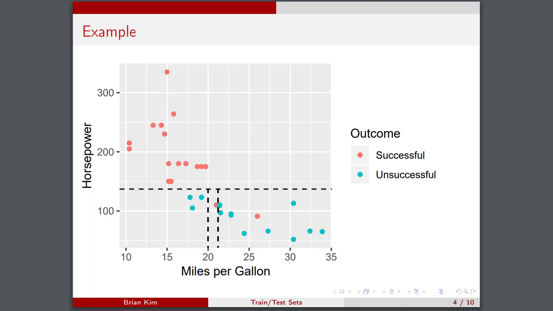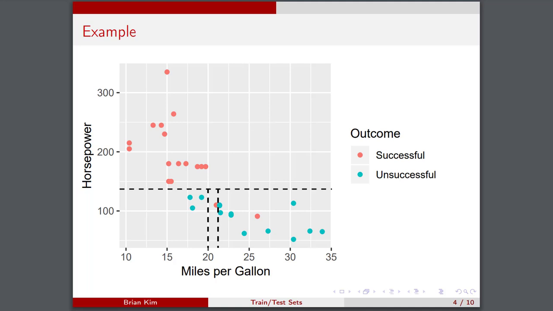If we see in the future that a car has horsepower of 100 and miles per gallon of like 20.5, just looking at this intuitively, it looks like we should be predicting that it will be unsuccessful rather than successful, even though it technically falls in that little sliver, right? And basically the idea is that a difference of that narrow band of 20 to 21 miles per gallon, there's not really anything special about it.